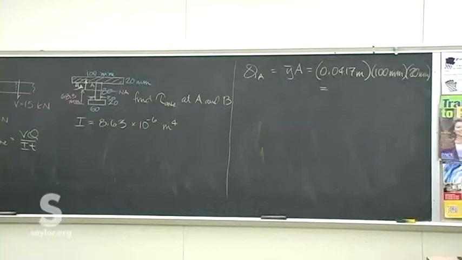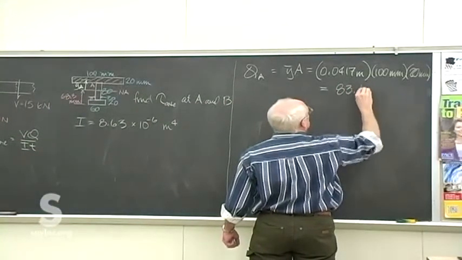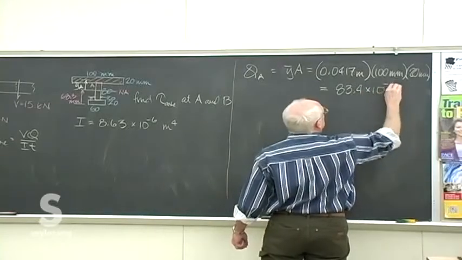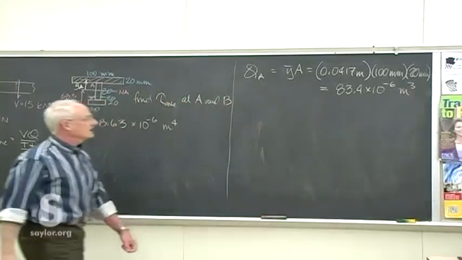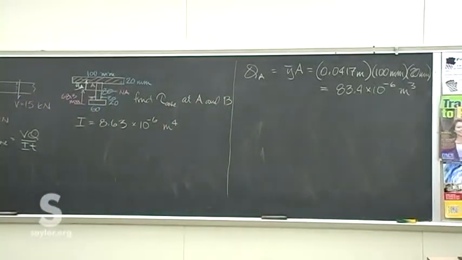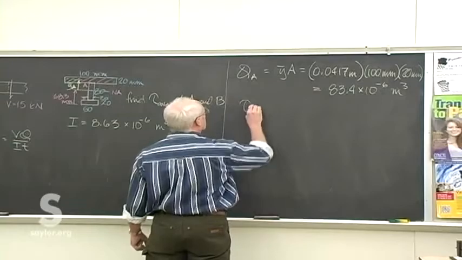And should have gotten 83.4 times 10 to the minus 6. Watch your units. I got a bunch of them in there, but in the end, you got to work them out to one spot. 83.4. Is that right? Chris, you're looking shocked and amazed. That we agree? That amazes you? Striking my drink. That amazes you. Alright, so now we can find the average.